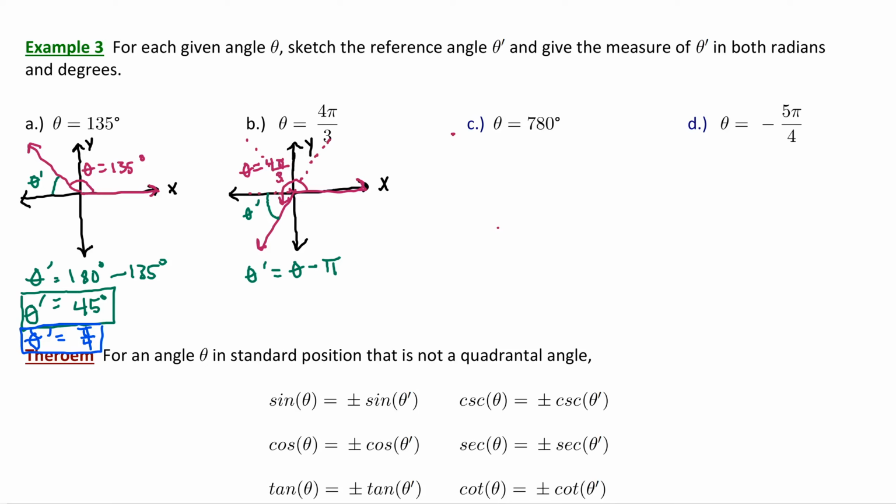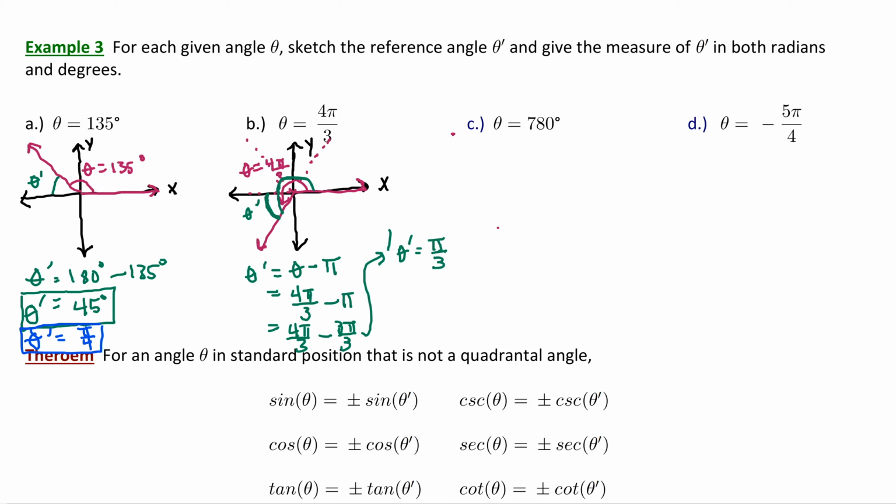We're going to subtract this amount from our entire rotation theta, and that's going to leave behind the value of theta prime. So let's evaluate 4 pi over 3 minus pi. We're going to need a common denominator, so we'll take 4 pi over 3 minus 3 pi over 3, and we can see that's going to give us the reference angle of pi over 3.